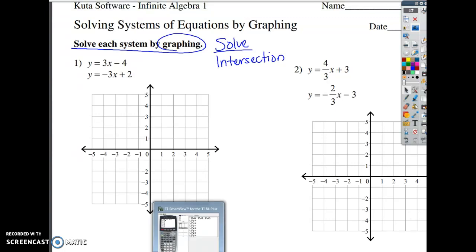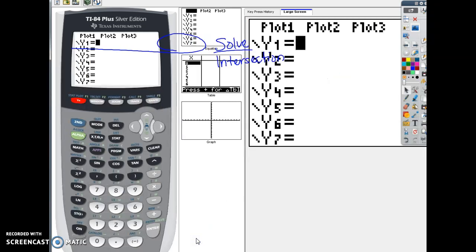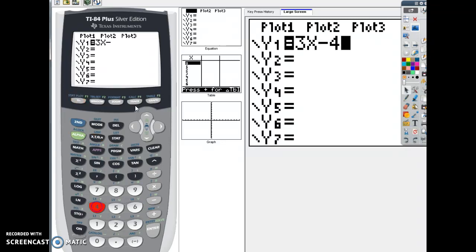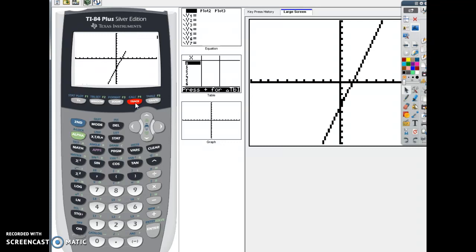So I'm going to do it one at a time. 3x minus 4 in Y equals. And we're looking for the pretty points. So first, I'm going to plot 0, negative 4 right there. Then we're going to go to the right side.